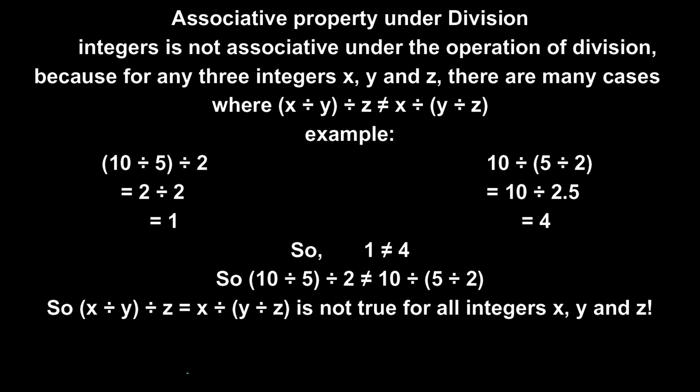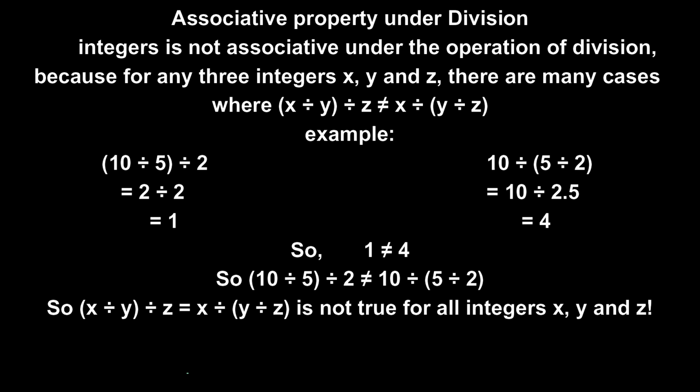You can see in the example that on my left I am getting the answer as 1, and on my right I am getting a different answer. So I can say that the associative property is also not applicable for division. So associative property is applicable for addition and multiplication, and it is not applicable for subtraction and division.